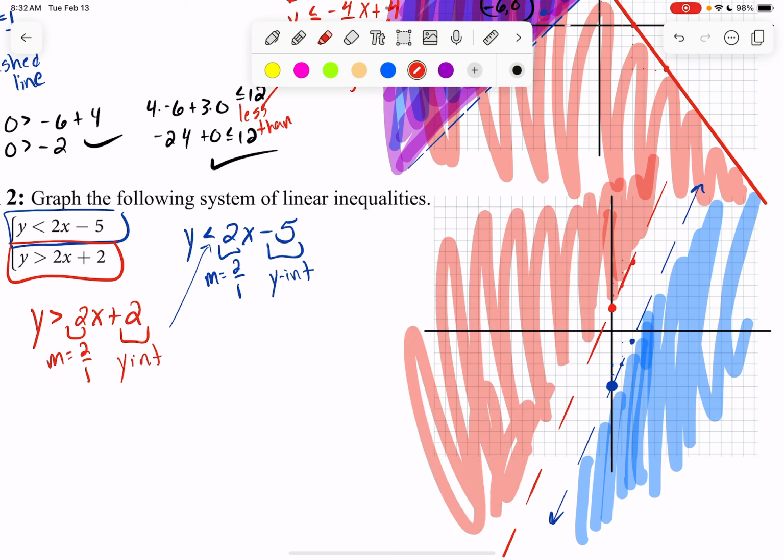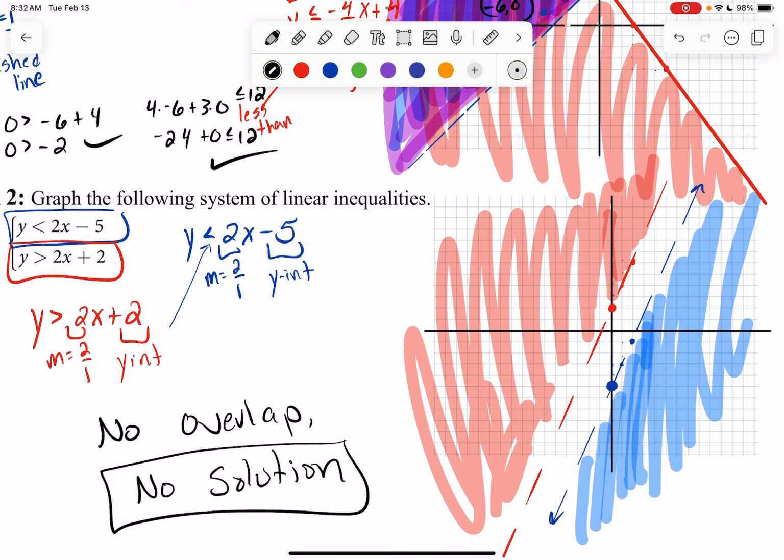Okay, and now my final step is where are the points that are shaded both blue and red? There are none. This one has what we call no overlap, which means there is no solution.